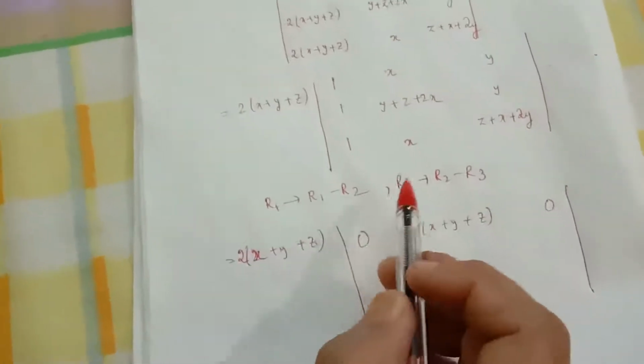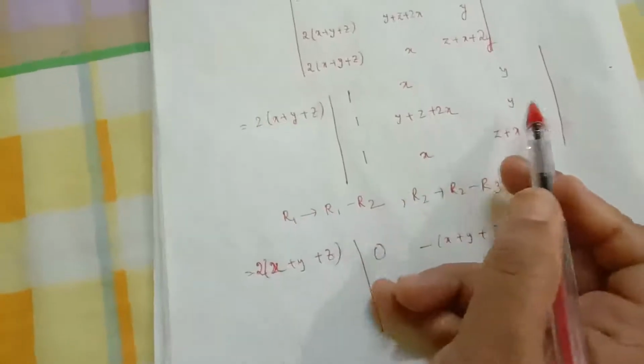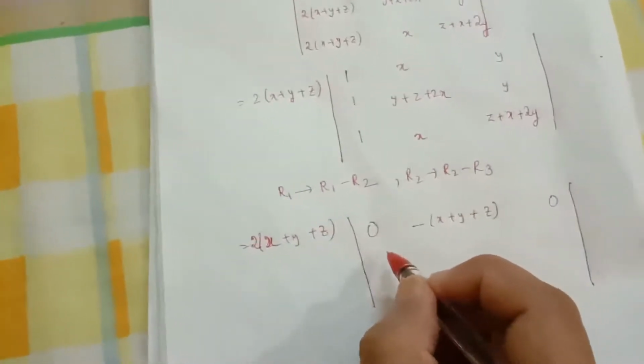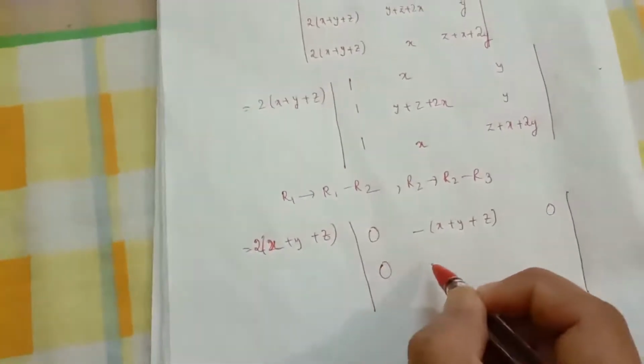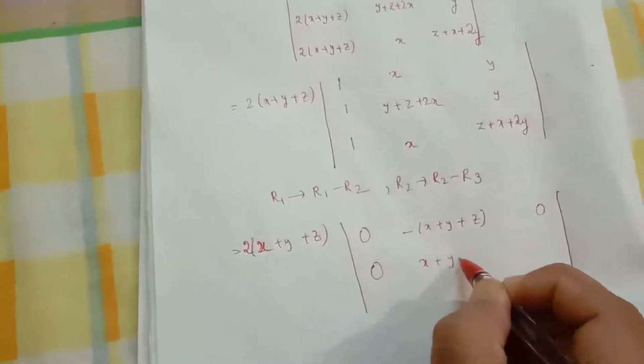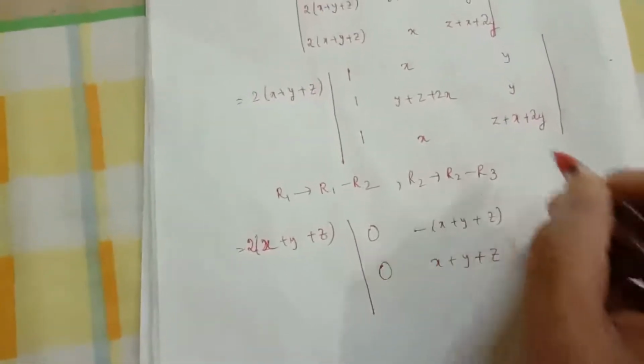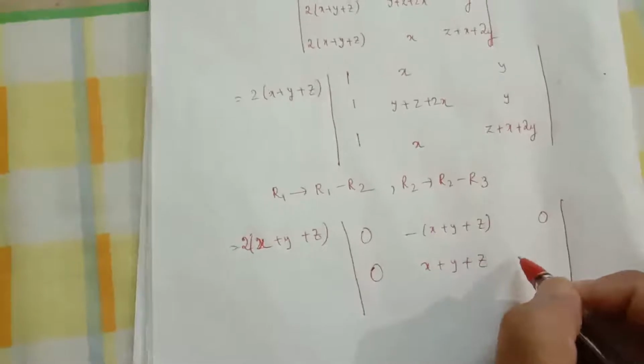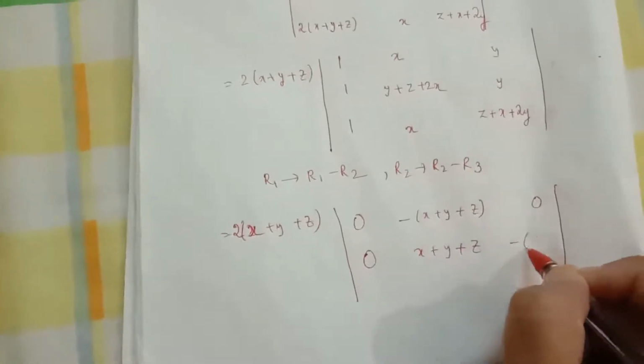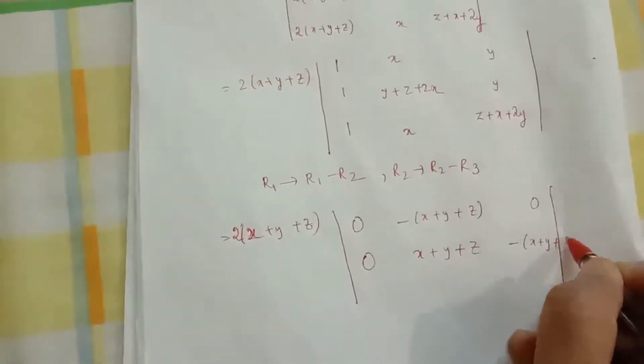Again, if we replace r2, the second row, by r2 minus r3, our new r2 will be 0, x plus y plus z. This minus this will be minus of x plus y plus z.